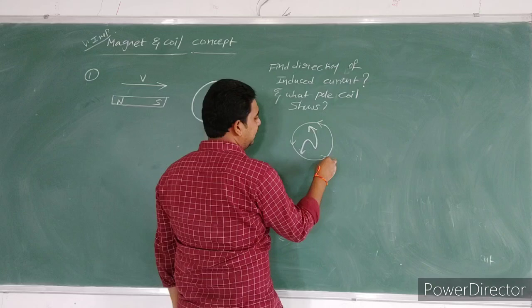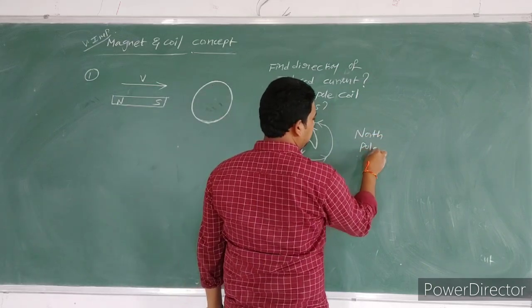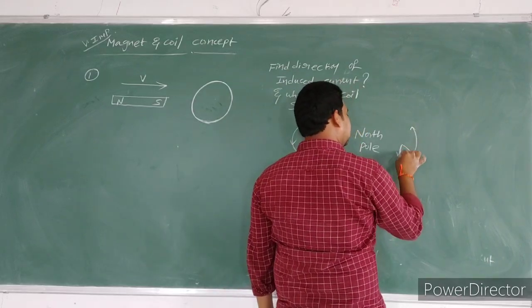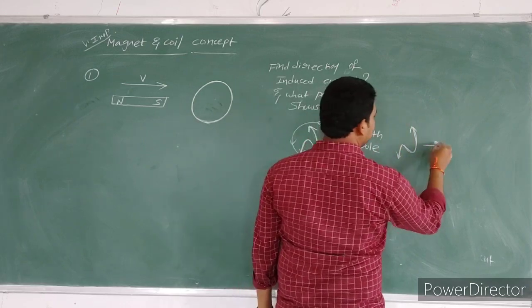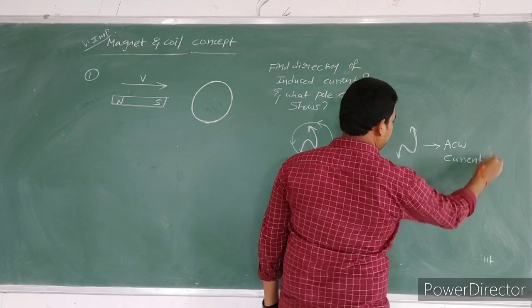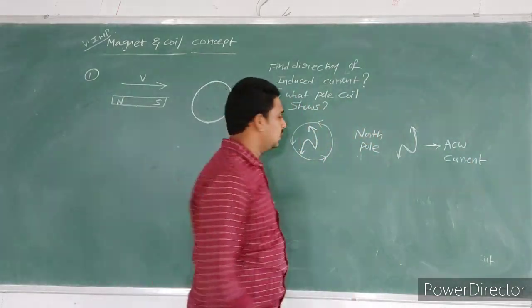We indicate it like this. North pole shows anti-clockwise current.